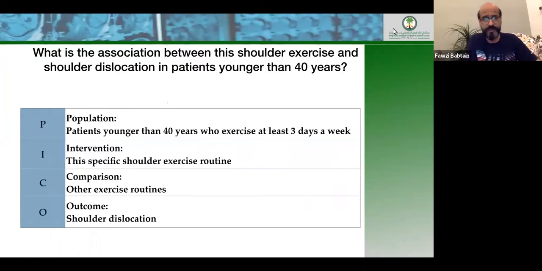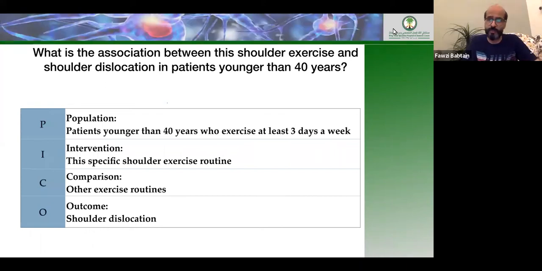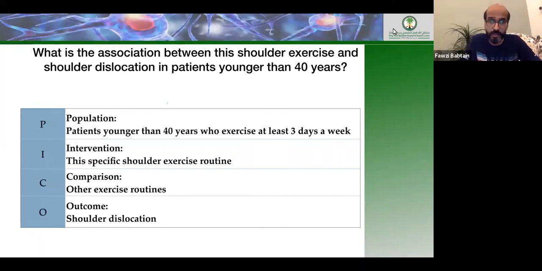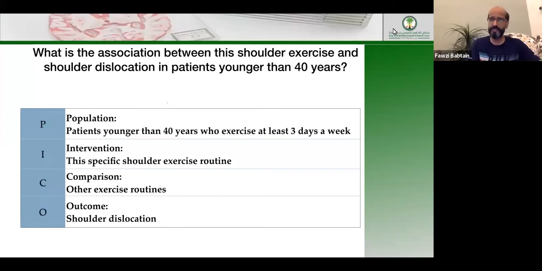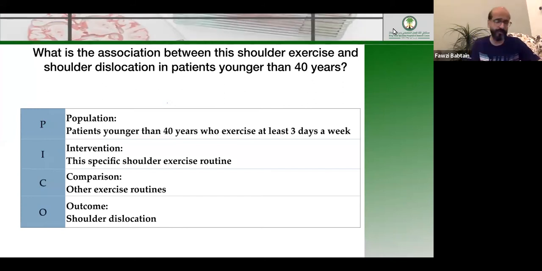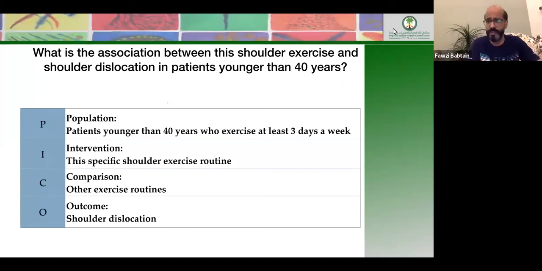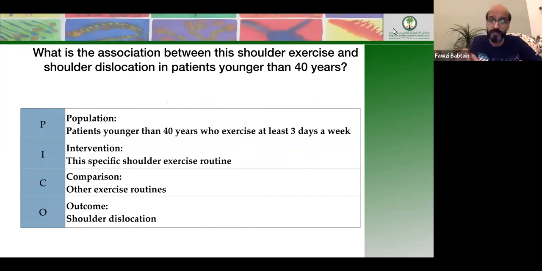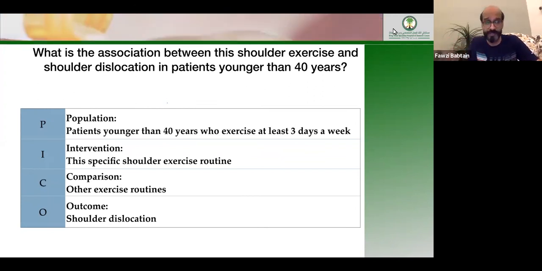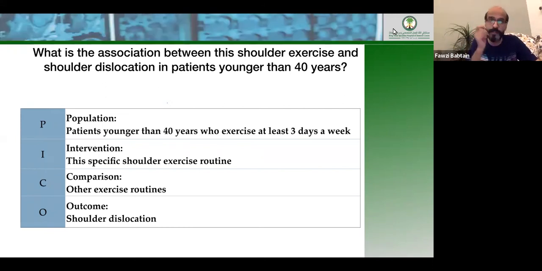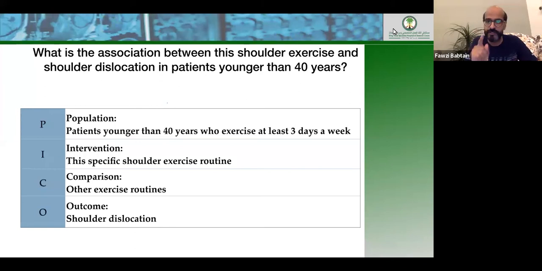To be really more specific, what is the association between shoulder exercise and shoulder dislocation in patients younger than 40 years of age? ليش أنا اخترت 40 years of age, for example? Because these are the ones that really go to the gym. These are the ones that are really more likely to do this type of exercise. This is not a selection bias, and I really went more specific to target this population.